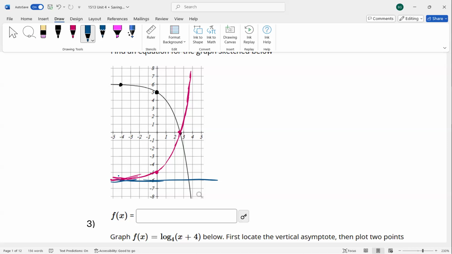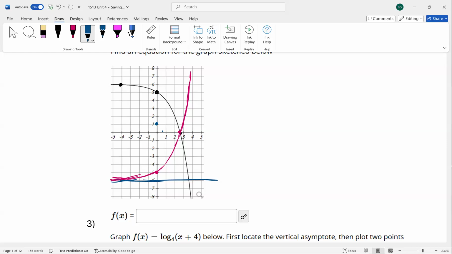Okay, so the red curve does look like an exponential, with y equals -6 as the horizontal asymptote. How do I use a different color? So the blue curve is this one.